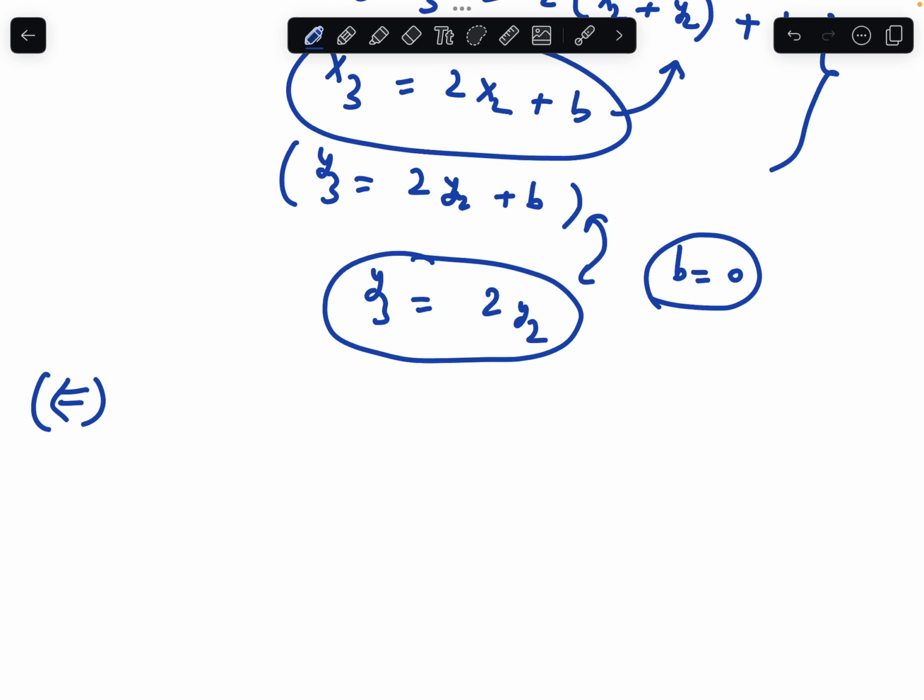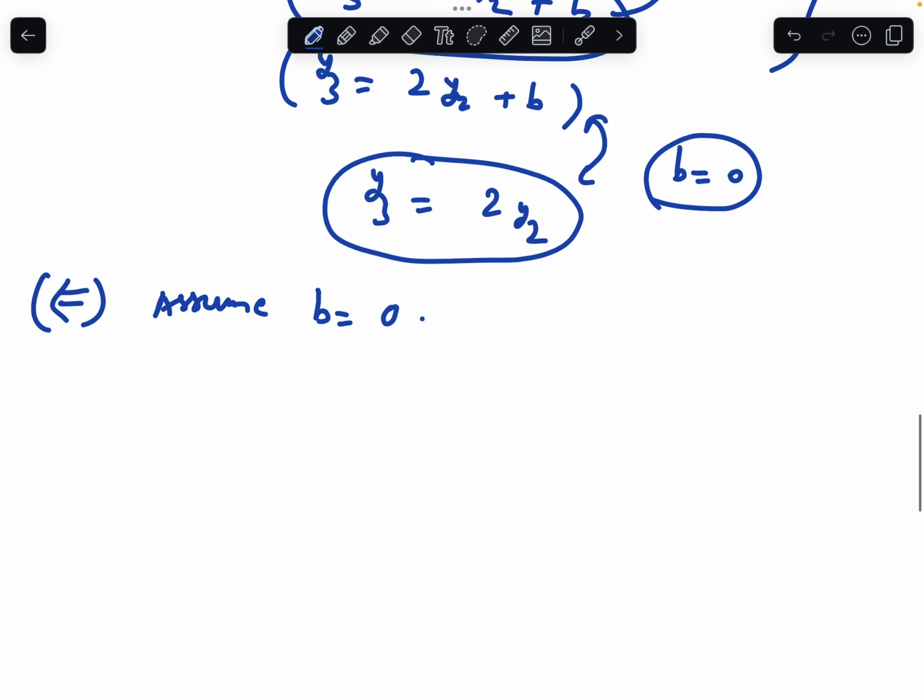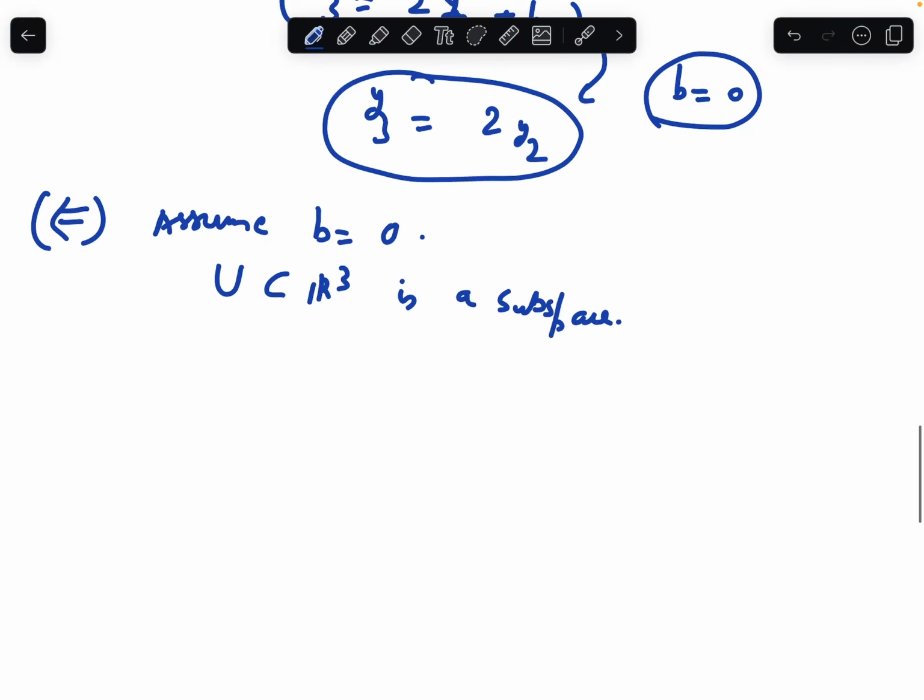So here, assume b equal to 0. Now we need to prove that U is a subspace. We need to prove this. How do we prove that?